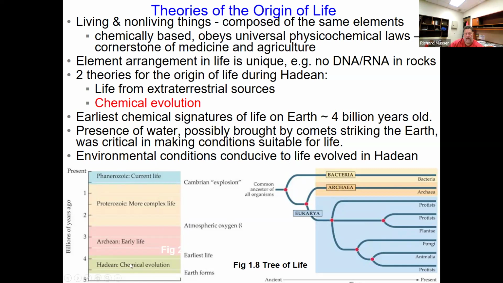But remember, initially it would have been a hot molten Earth. The Earth cools down, and comets and things like that help to form the oceans. We start to see cellular bacterial life, early cells, and then bacterial life and archaea existing.